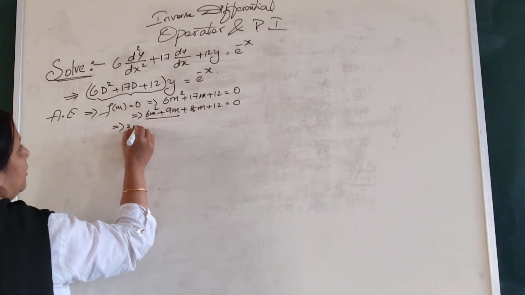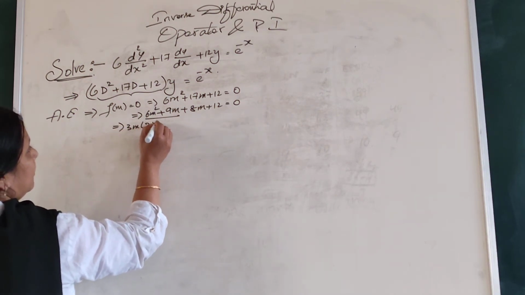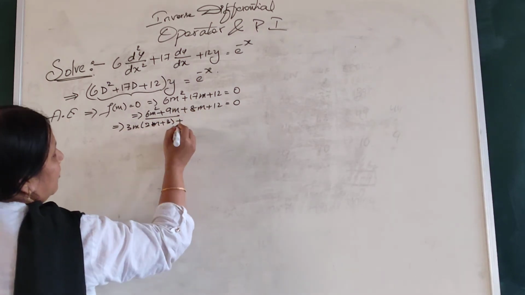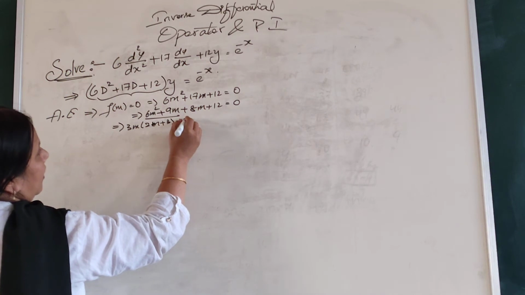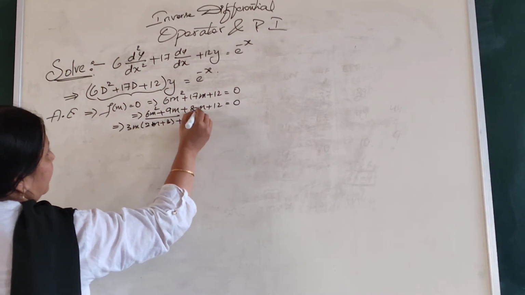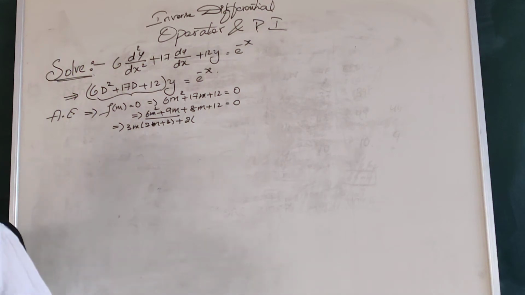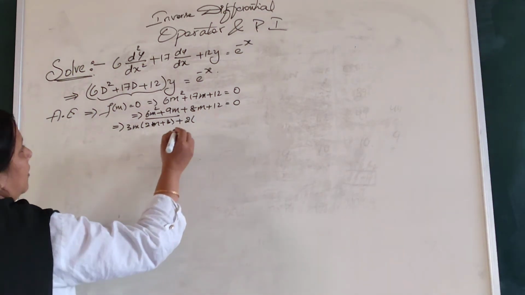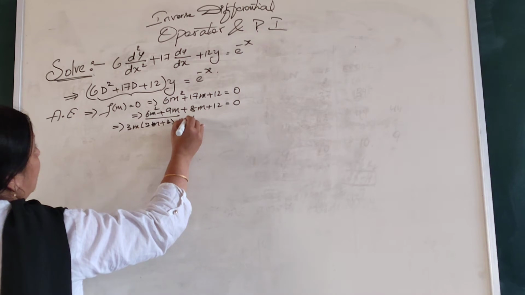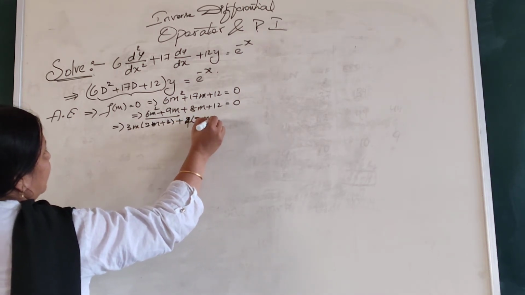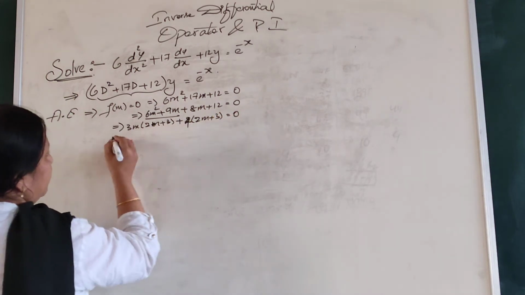So 3m into 2m plus 3, plus here also we have 4 common. So 4 is common. 2m plus 3 equal to 0.